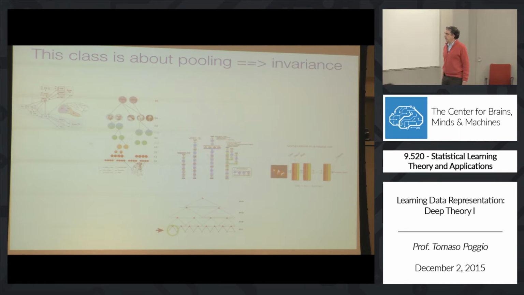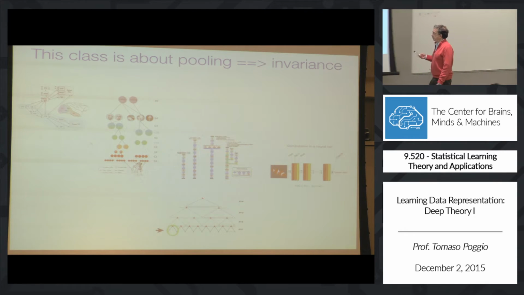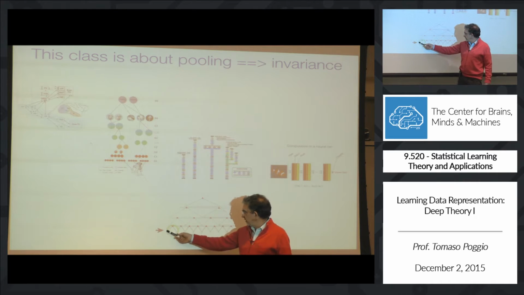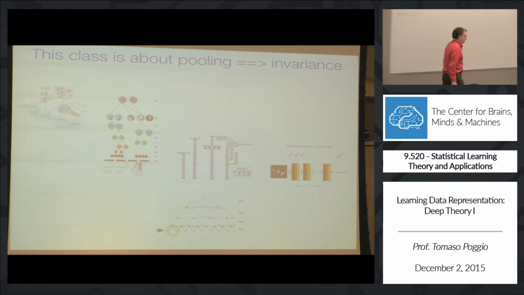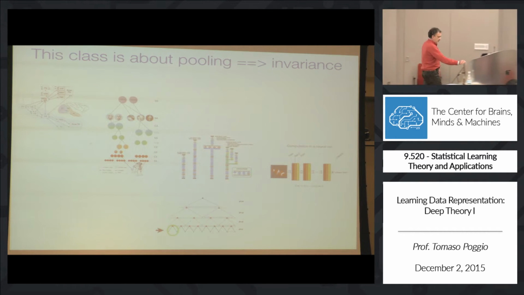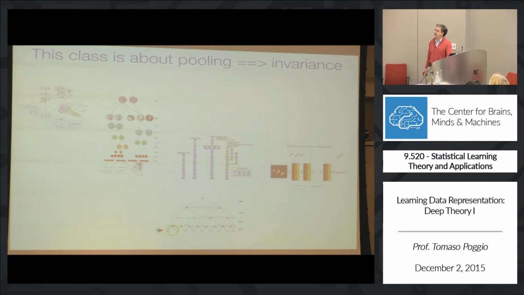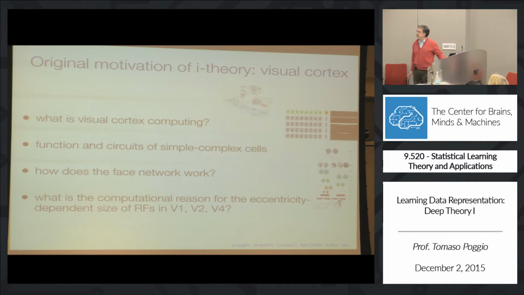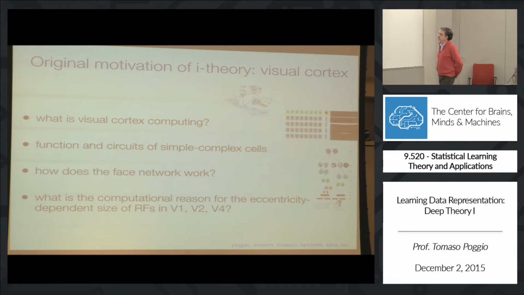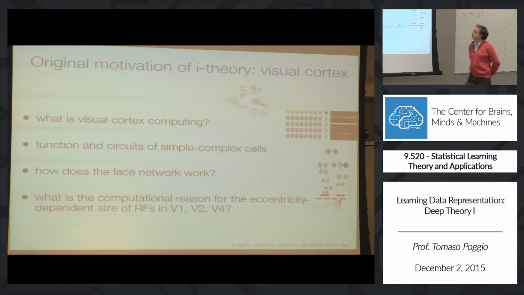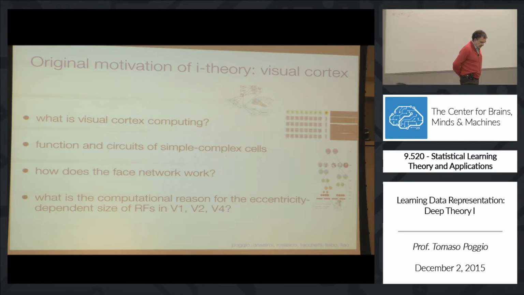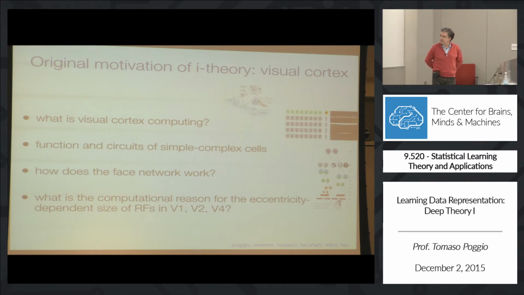Okay, so this class is really about pooling and invariance. It's really about how one of these modules works and why, and trying to have a theory of this. This started, as I mentioned, 3 or 4 years ago, really trying to explain or give answers to some questions about the ventral stream, the visual system, in terms of object recognition.